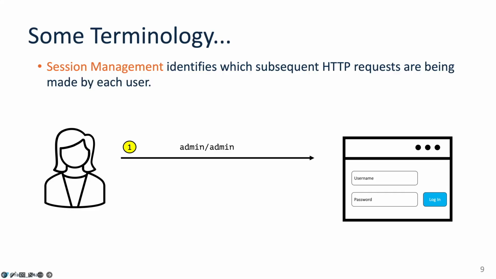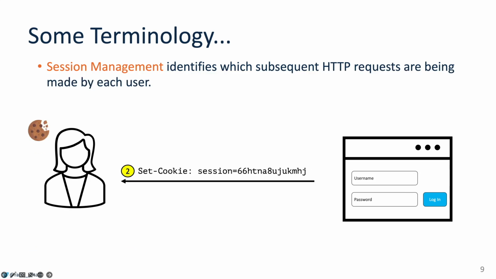Instead of you having to put in your username and password every time you want to visit an authenticated page, which would be a huge hassle and terrible for user experience, the way the application deals with that is when you first authenticate, so when you put in your credentials, it generates a unique token that is tied to your username that essentially acts as a short-lived password.